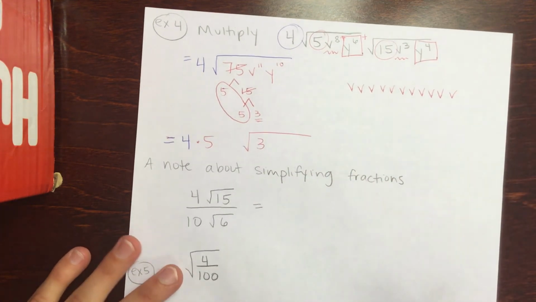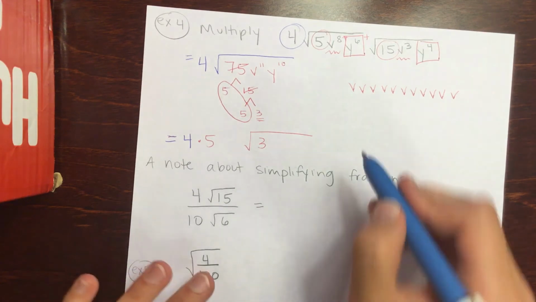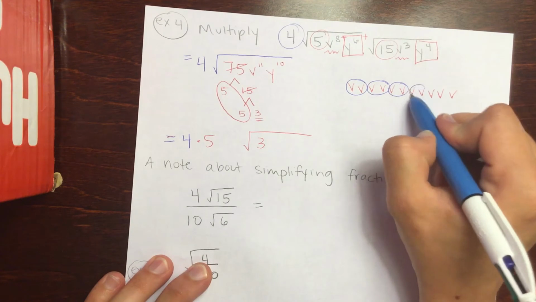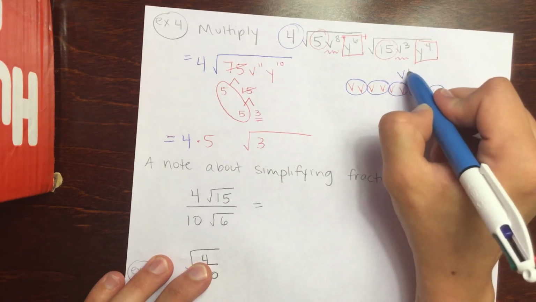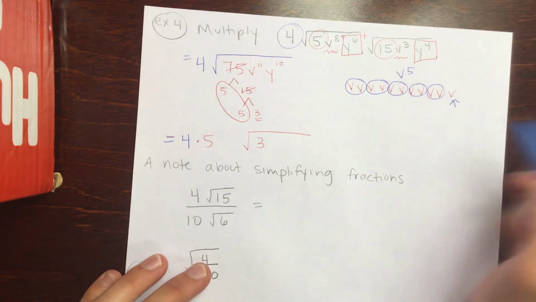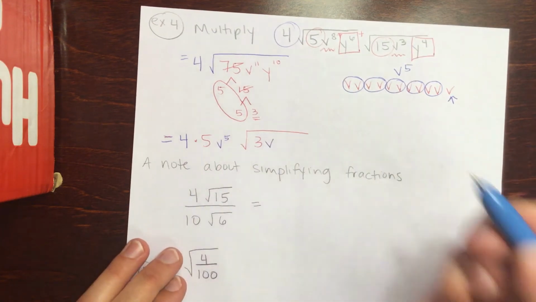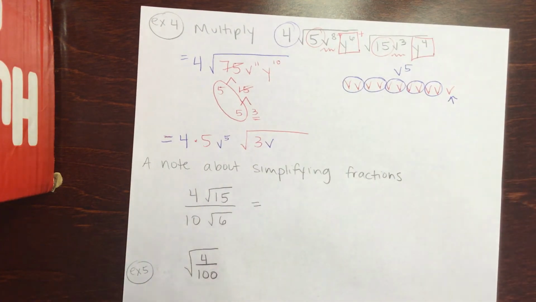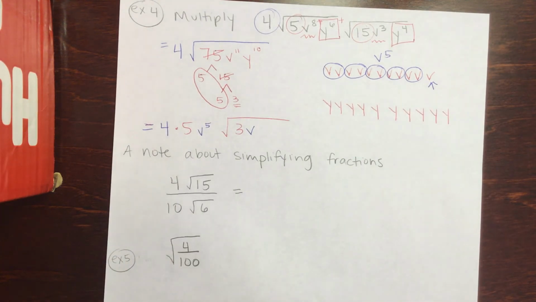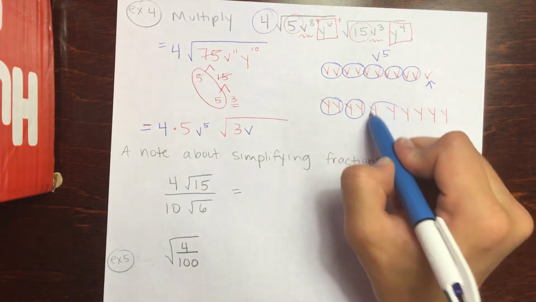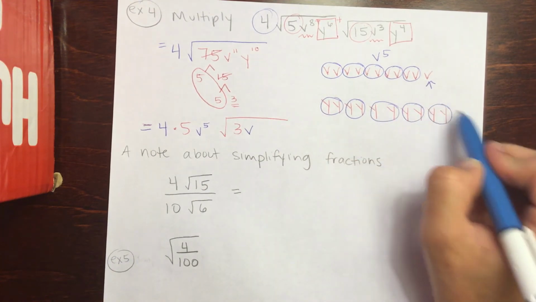All right, I have 11 v's because v to the 11th. So I'm going to circle my pairs. 1, 2, 3, 4, 5 pairs, and this single v to stay underneath. So 5 pairs come out and a single v stays underneath. I'm going to write out 10 y's and pair them up. 1, 2, 3, 4, 5.